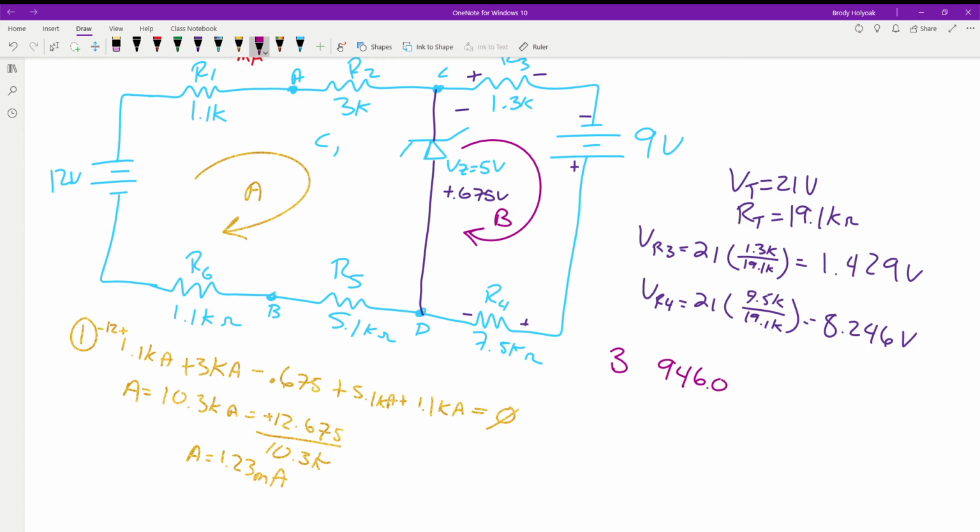Okay, and again, doesn't matter where we start. So we've got the plus 0.675 volts, plus 1.3K times B, minus 9, plus 7.5K times B equals 0.